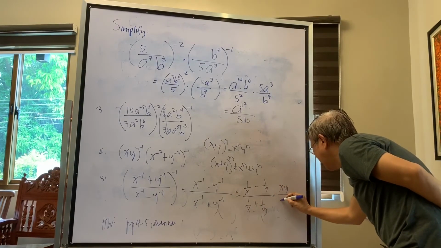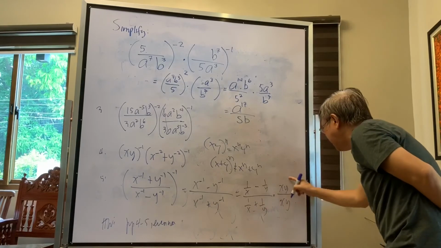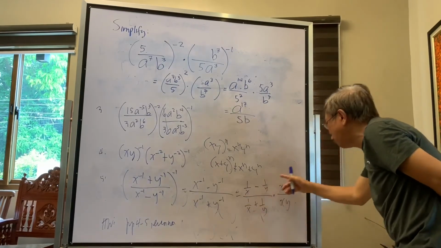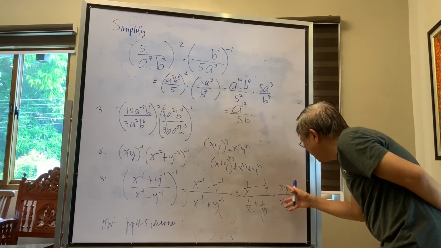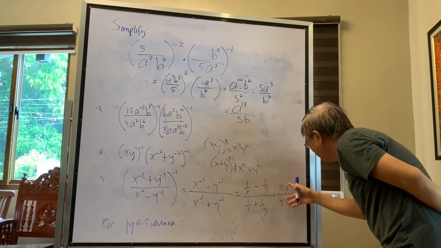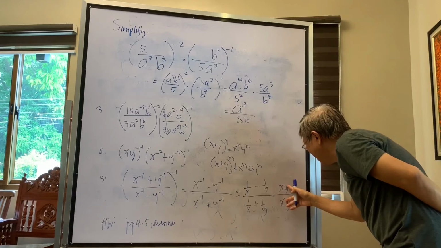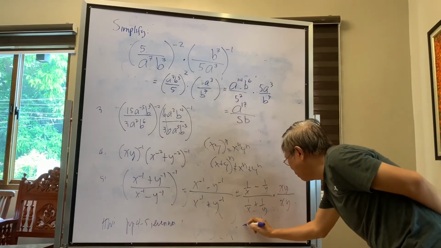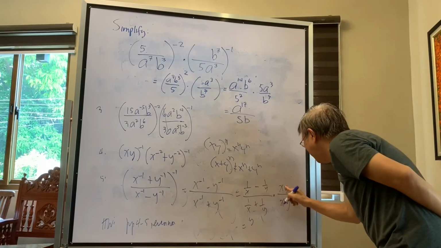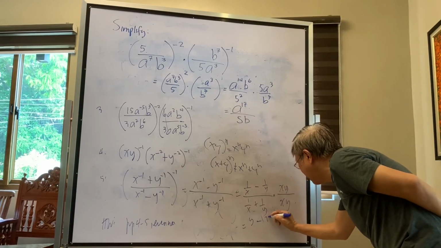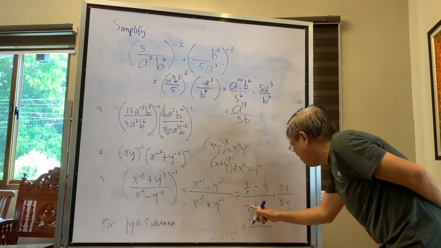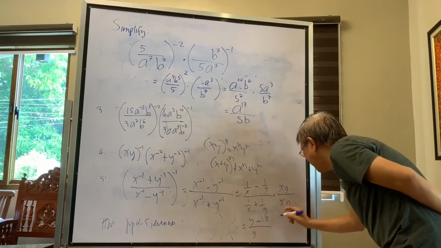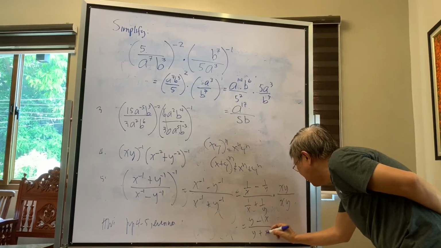But that has to be xy over xy so that this is equal to 1 and you are not changing the value of this expression, because you're just multiplying this expression by 1. Okay? So this 1 times this will give you a y. This 1 times this will give you an x. On the denominator, this 1 times this will give you a y. This 1 times this will give you an x.